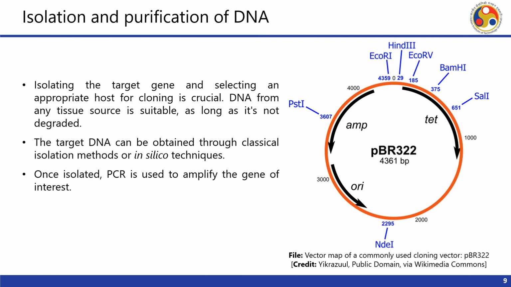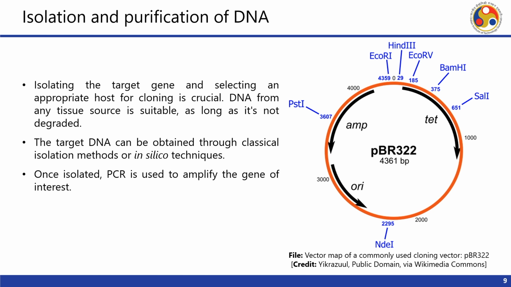Now, this figure shows the map of a commonly used cloning vector, pBR322. Some of the important features over here are that each vector has an origin. This is the point or sequence from which the replication of the vector starts.